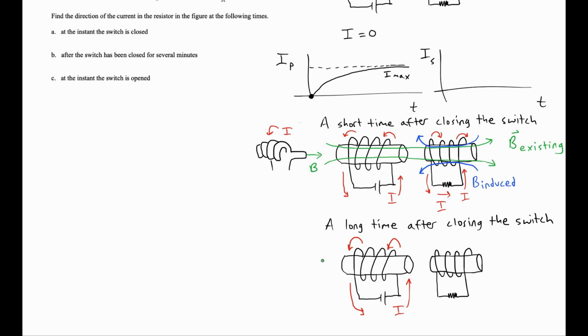And the field that's going through will be the strongest that it can be. But the current in that existing B field will be constant at that time, according to what we see here. You see, when the current gets toward its max, it stops changing.